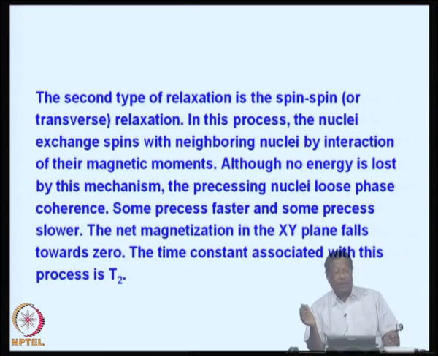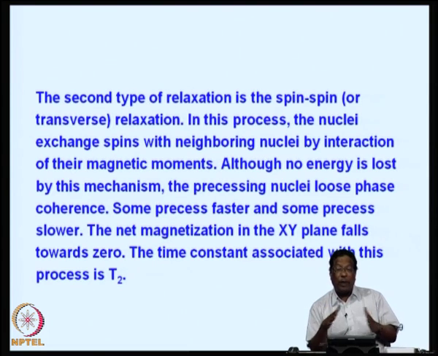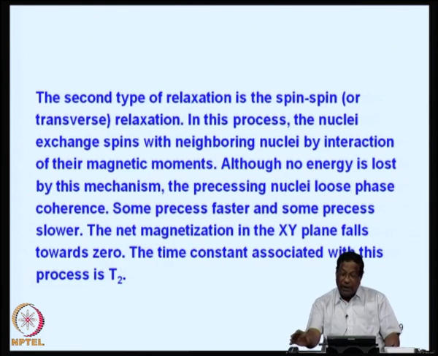Although no energy is lost by this mechanism, the precessing nuclei lose phase coherence. Some precess faster and some precess slower. So, the net magnetization in the xy plane falls towards 0. The time constant associated with this process is T2.